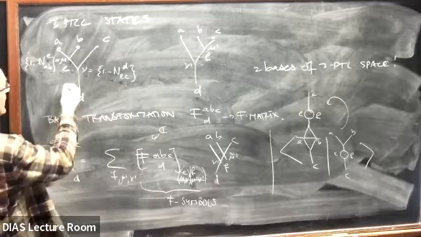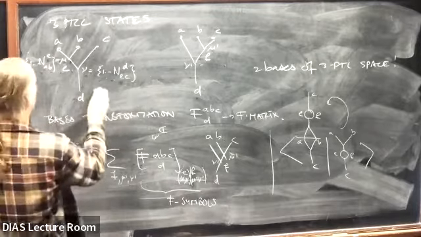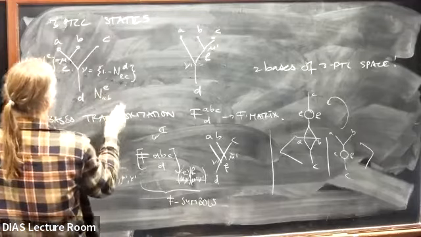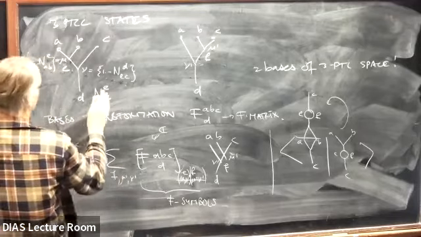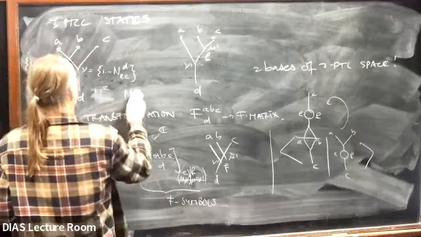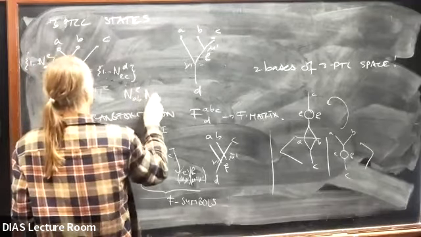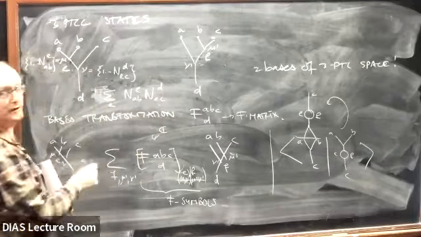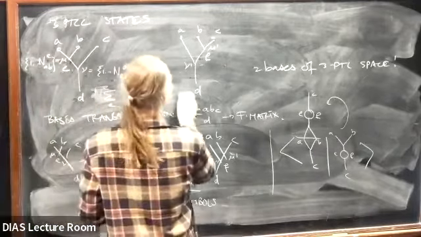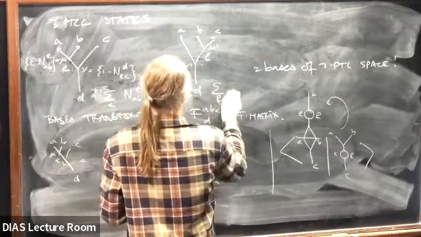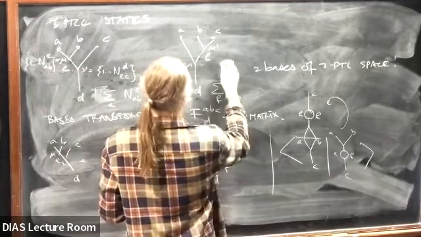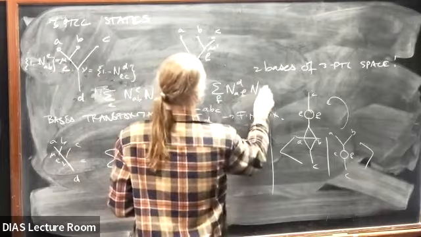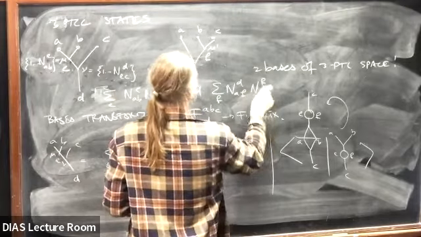And so in particular, in order for this to make any sense, we must have that if you take N_ABE and N_ECD, and we sum over all the possibilities, this must be equal to the sum over all F of N_AFD and N_BCF.